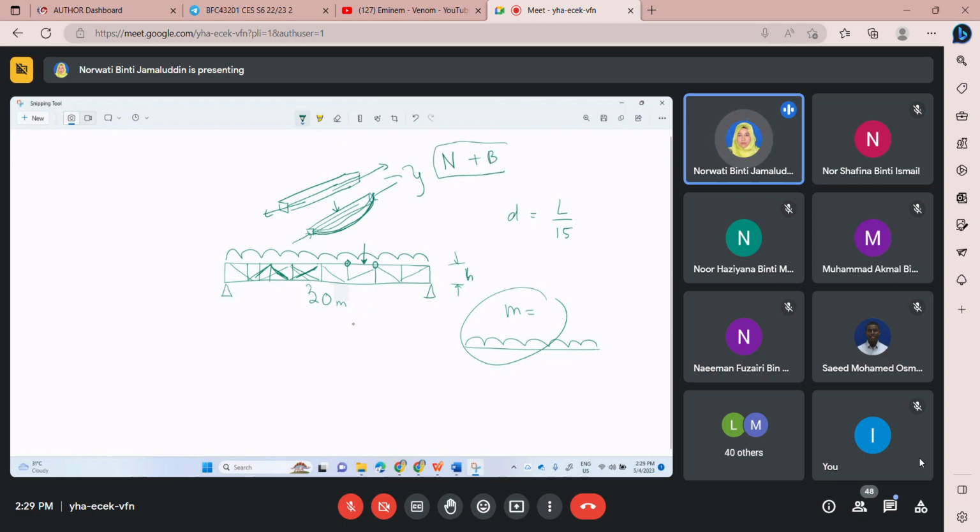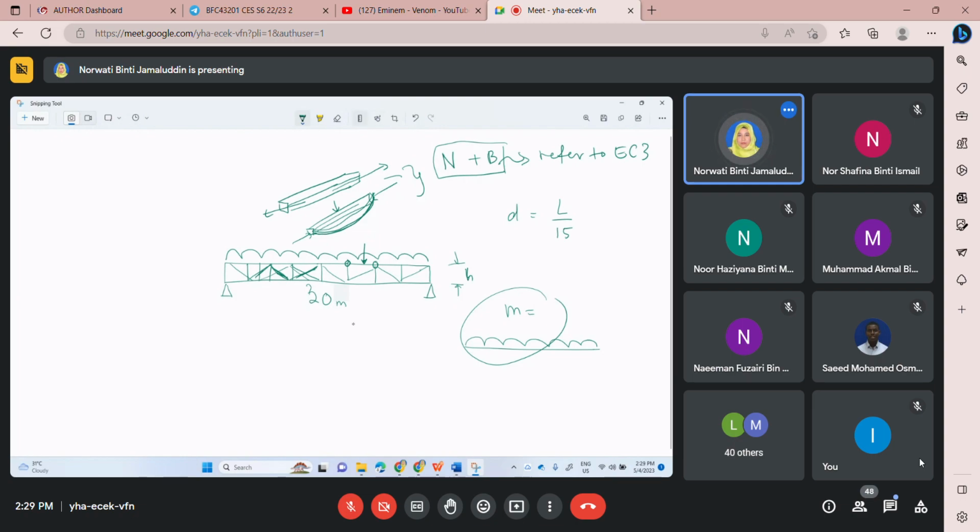Then you need to refer to Eurocode and look for the axial plus bending clause, the clause to design a member that is subjected to axial plus bending.